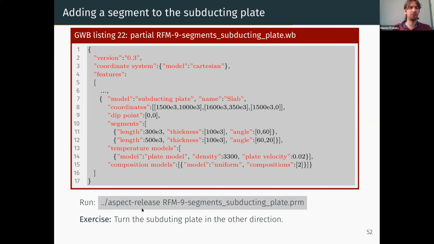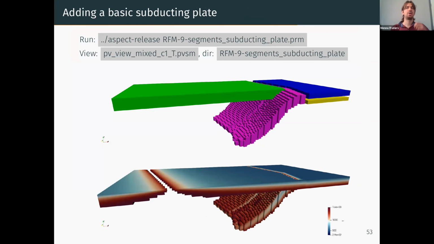And this is actually what is in the ASPECT release, in the RFM 9 segments within plate PRM, which we're not going to run for now. You can run it on your own, and you can view it in exactly the same way as before. That will show you something like this.